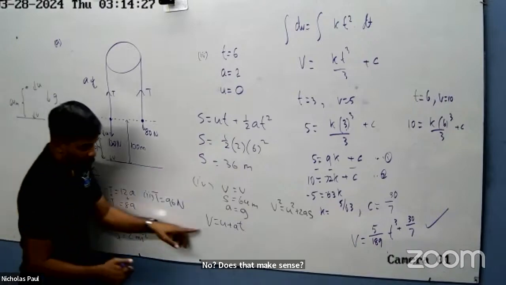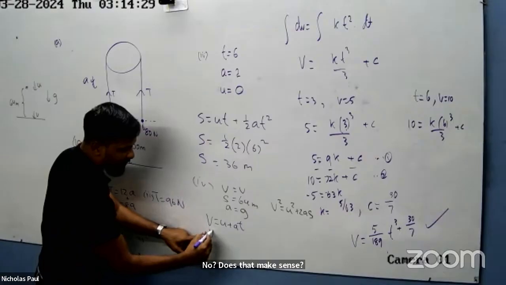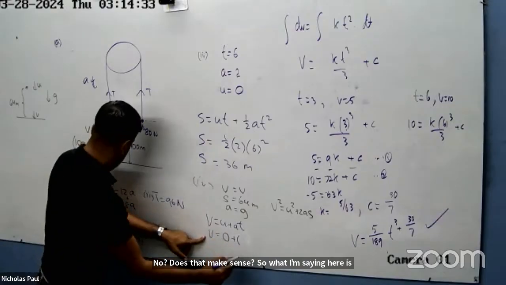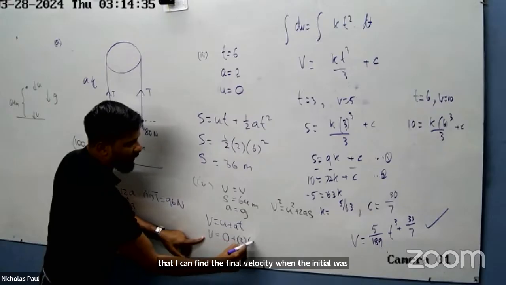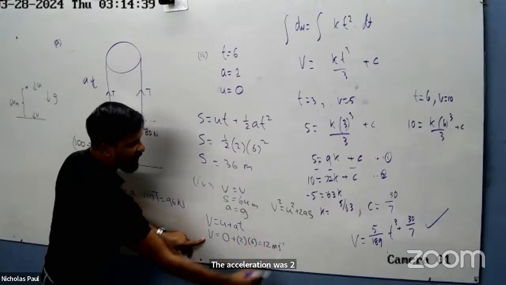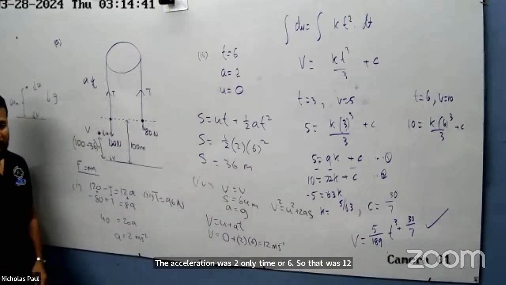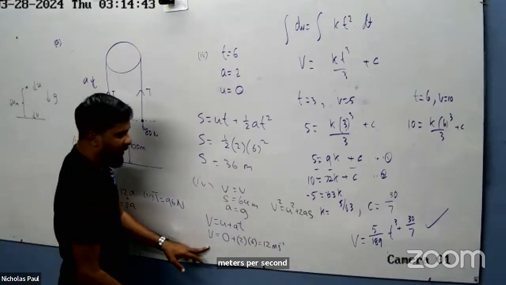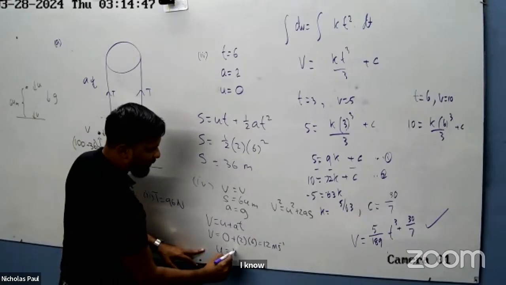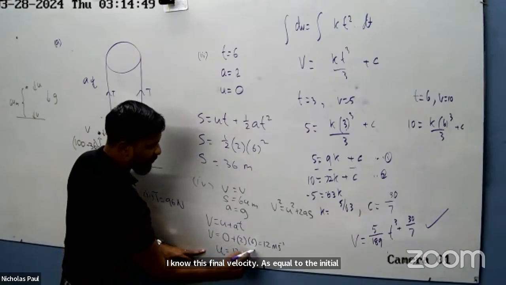So what I'm saying is that I can find the final velocity when the initial was 0, the acceleration was 2, and the time was 6. So that was 12 meters per second. Now this final velocity is equal to the initial velocity in the next phase, that's part 4.